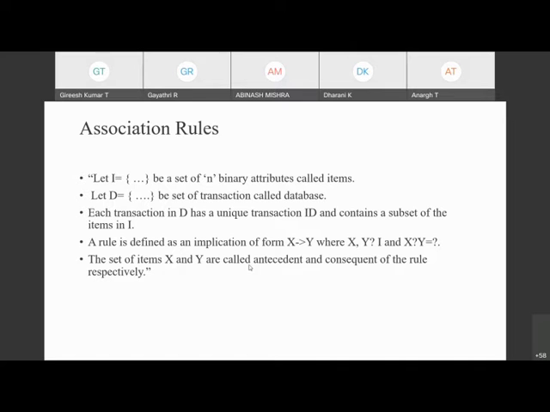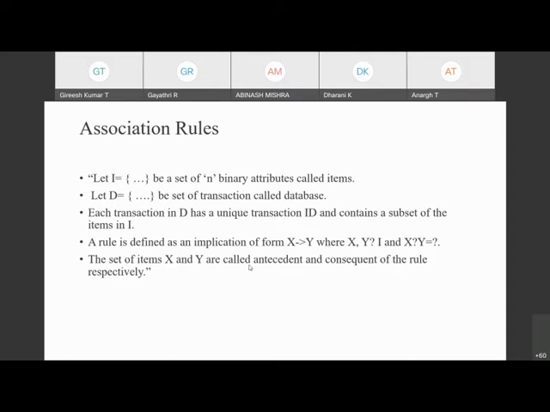Now, a rule is defined as an implication of the form X implies Y, where X and Y are sets of items. X and Y are called the antecedent and consequence of the rule respectively.